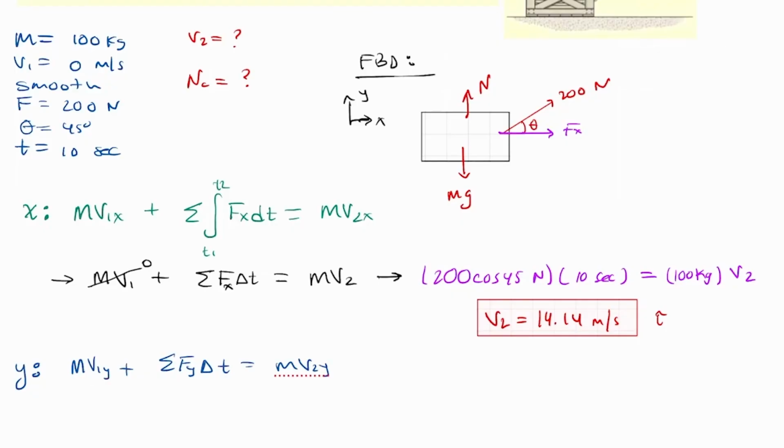Out of this, of course, we can figure out the normal force by doing the kinetics. We can do it pretty easily: add up all the forces in the y direction and solve for the normal force.